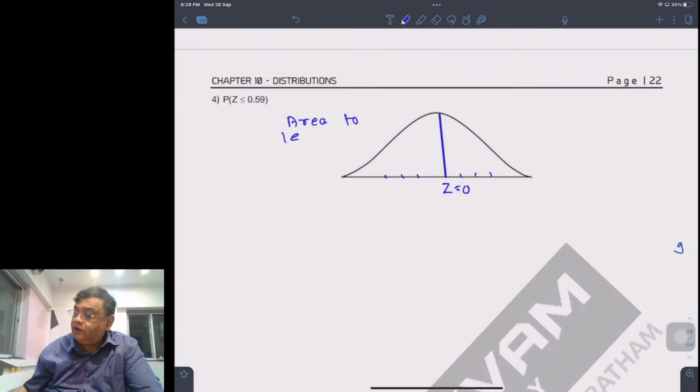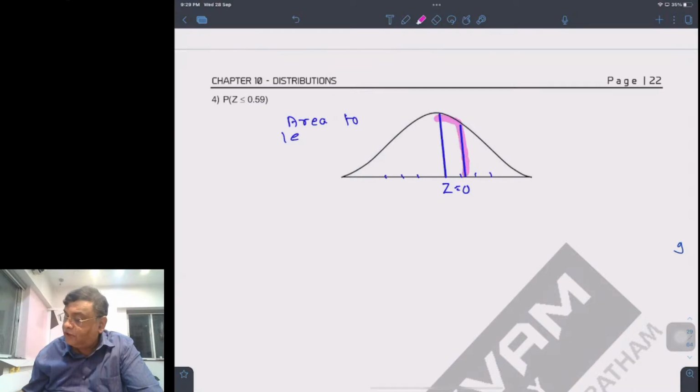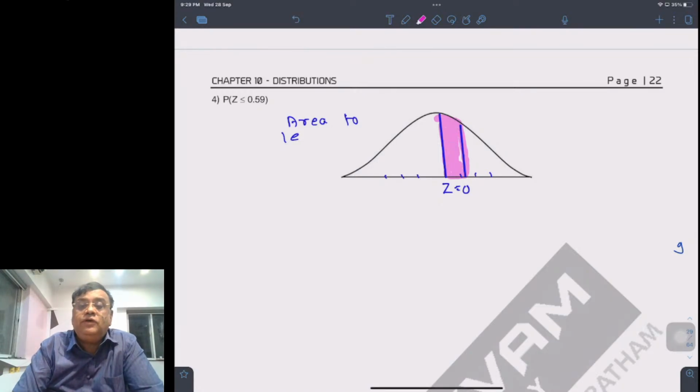Now the table gives you area between what and what? The table gives you area between 0 and some value of z, and the rest of the areas have to be adjusted according to what you want.